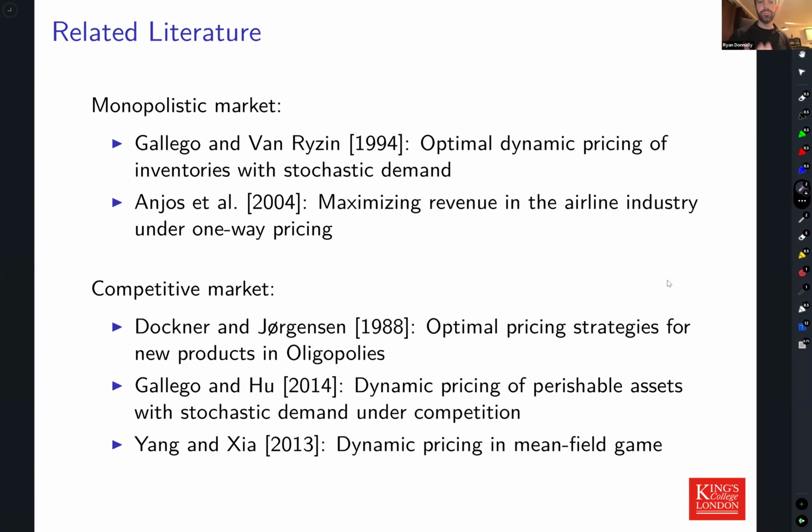They do also dynamic pricing with a mean field interaction between agents, but many aspects of the dynamics they consider are somewhat simplified, especially when it comes to pricing strategies that agents are allowed to choose. So in particular, they only consider two possible prices to set for the asset. They can either set a high price or a low price. So we're going to look at the possibility that agents can quote from a continuous set of prices.